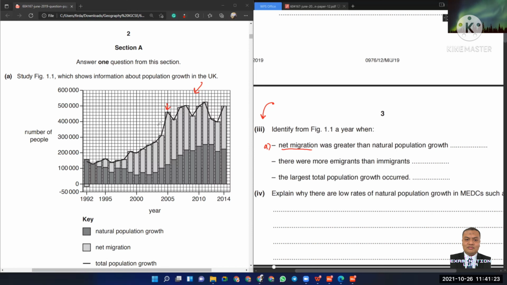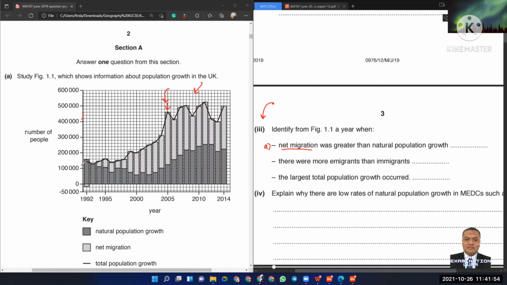So you akan tengok daripada graf ni, dia punya number adalah somewhere around 420, 440, 460, 460,000. Okay, jadi dia punya migration dekat sini adalah 460,000. Okay, sorry, not that. 460,000 adalah dia punya total population growth. Tapi dekat sini you tengok daripada 460, lepas tu you minus dengan somewhere around 120.